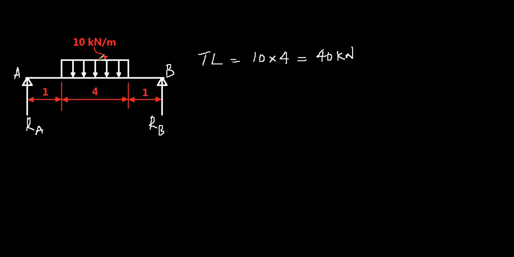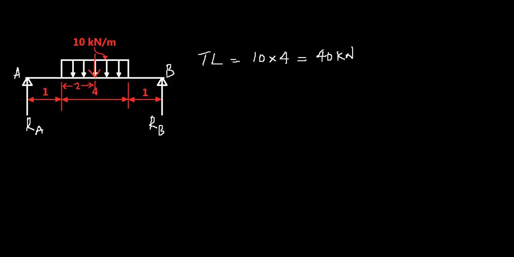So we can assume the effect of this uniformly distributed load as acting as a point load at the midspan of this length. So that is 2 meter from this point here. So now we have a point load of 40 kilonewton acting at 3 meter from A.